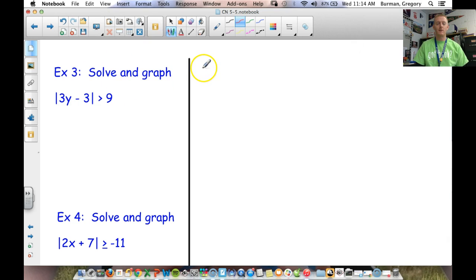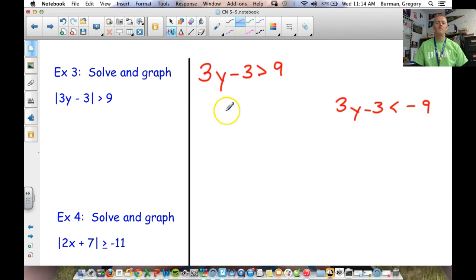So if we solve this, we're looking for a union. 3y minus 3 is greater than 9, and 3y minus 3 is less than a negative 9. So we're looking for a union, which means either one of these can be true.